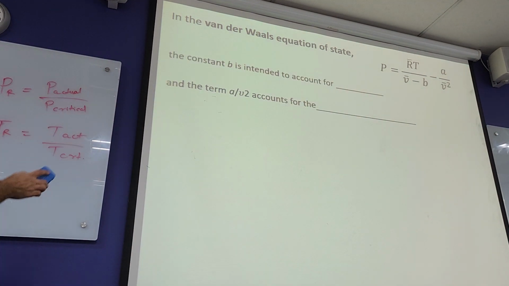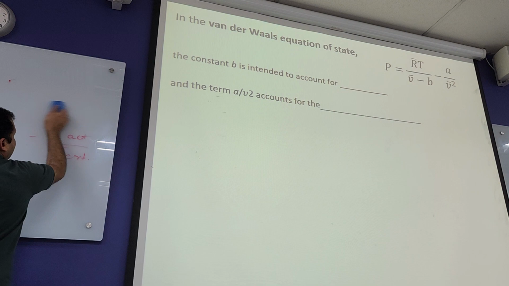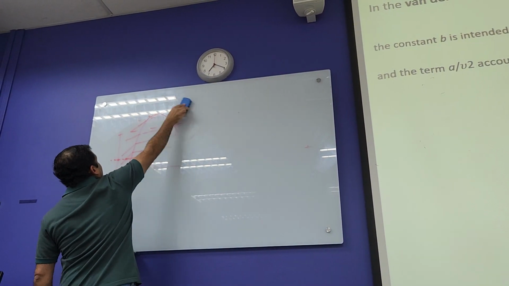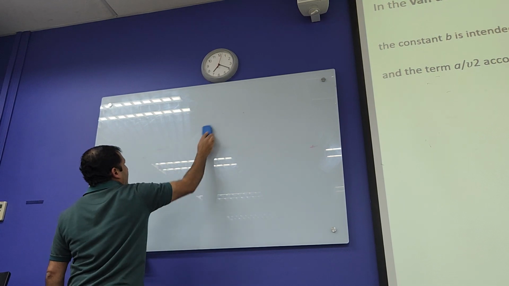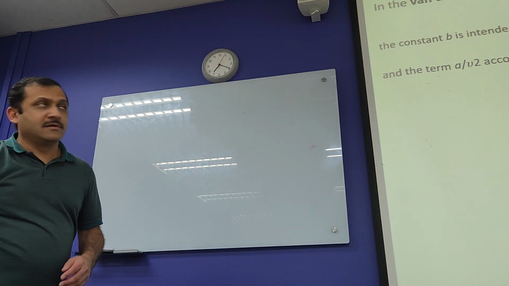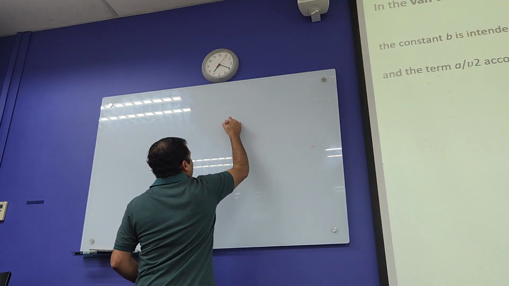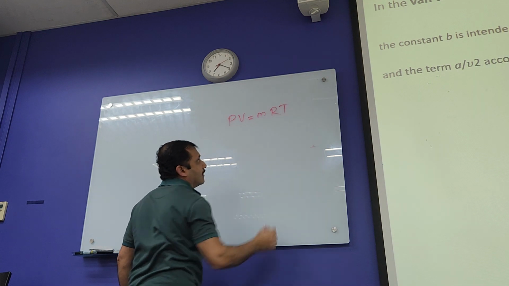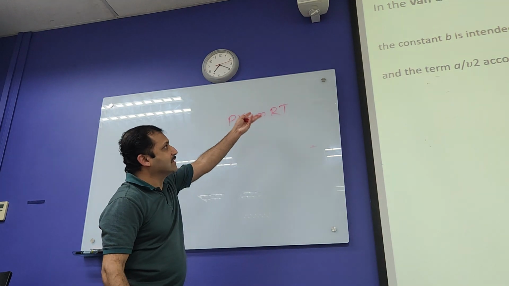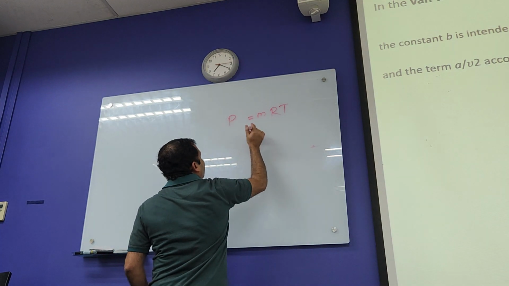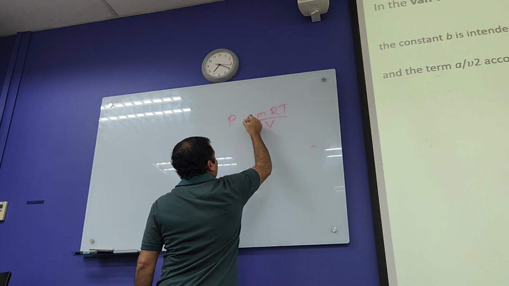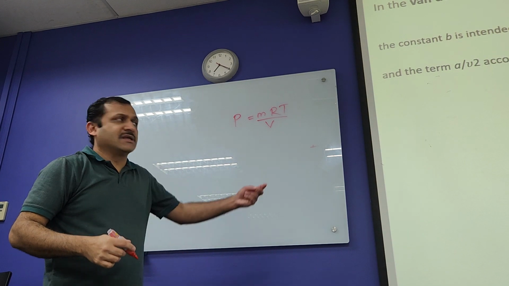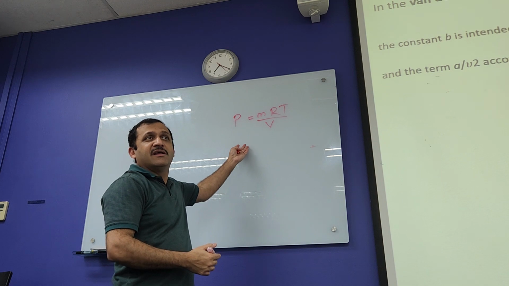So if you look at that equation, I'm writing the ideal gas equation. PV equals mRT, or I move that V there, so P equals mRT over V. That's the ideal gas law, right?